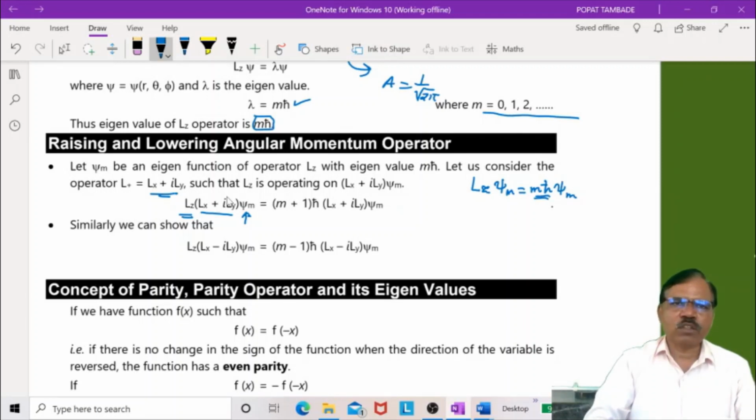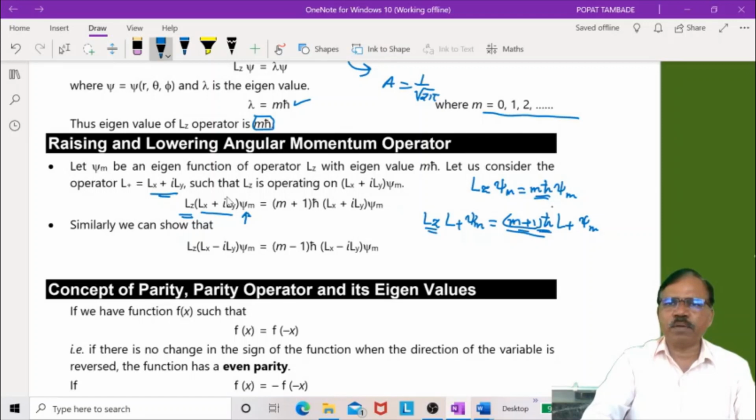But if we first operate Lx plus i Ly, that is L plus, on psi, I can write this equation as Lz L plus operating on psi m, we get here m plus 1 multiplied by h bar L plus psi. So eigenvalue of Lz operator increases by h bar.